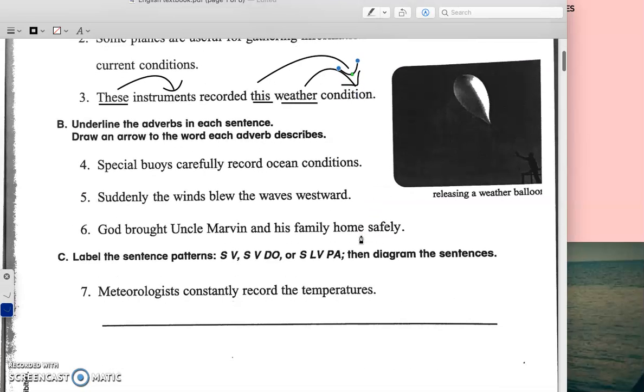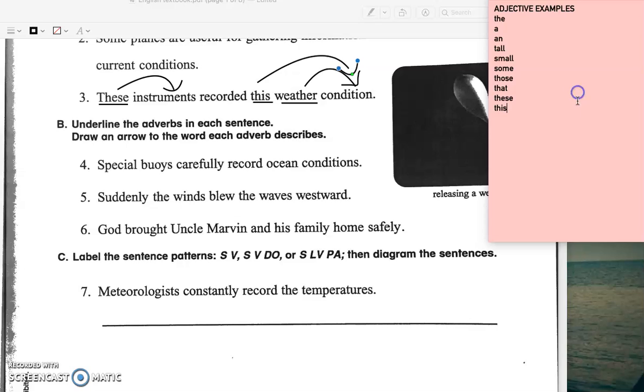Okay, so B, underline the adverbs in each sentence. Draw an arrow to the word each adverb describes. Just a quick reminder, adverbs are words that describe the verbs. Hence, we have verb in this word. So, examples of adverbs. Miss Oak recorded the video happily.